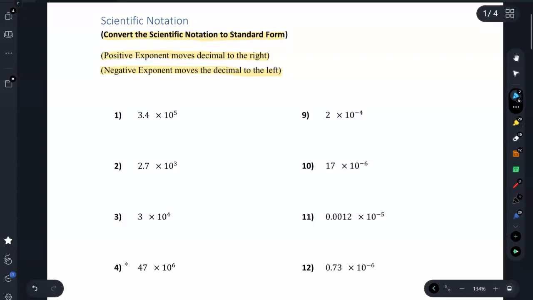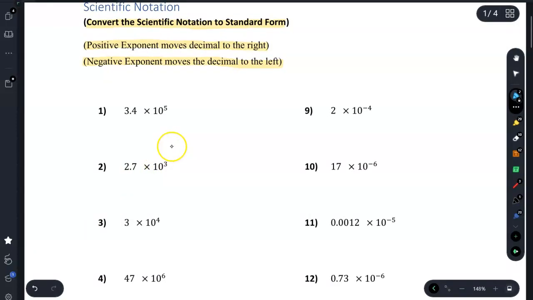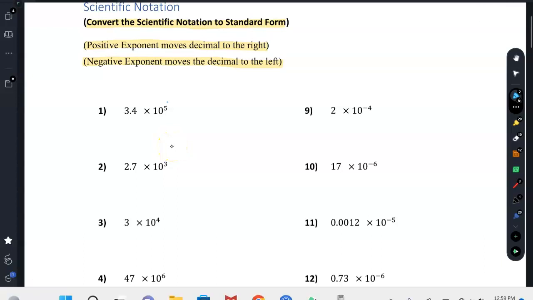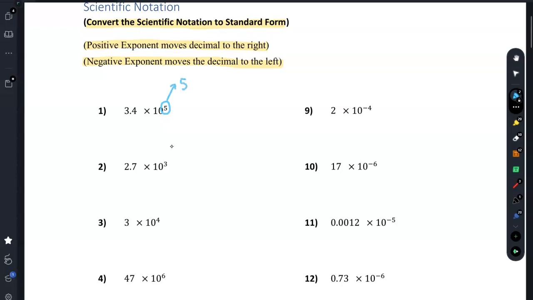So with the very first problem, I'm going to zoom in just a little bit here. All right, I have 3.4 times 10 to the 5th. So my exponent on my 10 is 5, so that means I'm going to move 5 times to the right. And what I'm going to move is the decimal.